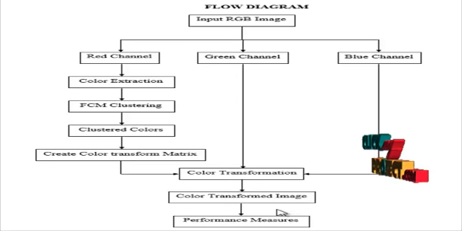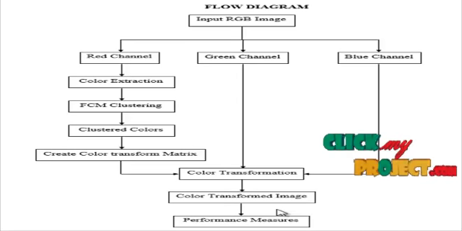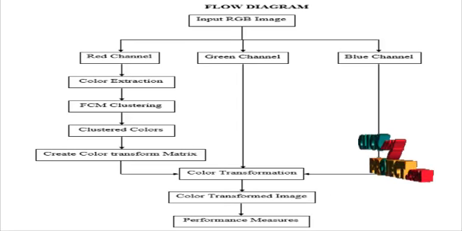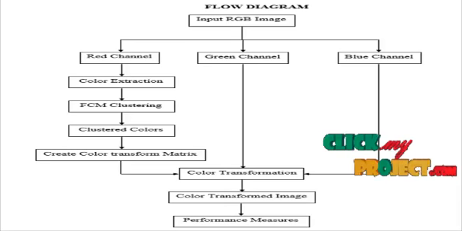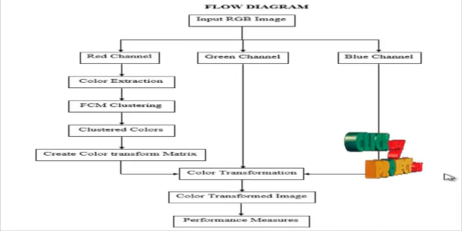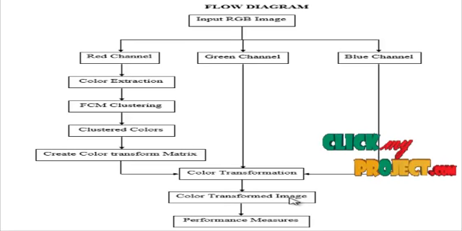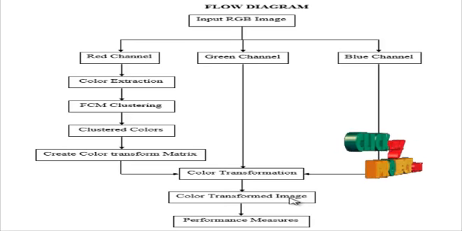Naturalness refers to the similarity between the input and the resulting color transformed image. Perceptibility refers to the similarity in the pixel arrangements between the input and the color transformed images.